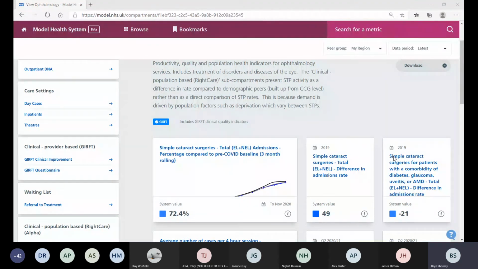In terms of community care, Jim's mentioned that's going to be brought in, but we're also doing a piece of work across 3 clinical areas at the moment to bring all of this together into a pathway. For musculoskeletal, cardiac and ophthalmology, there's a lot of work going on.